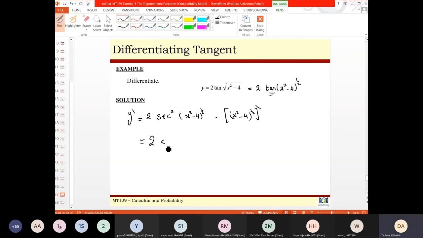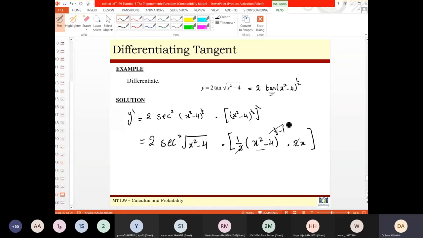This equal to 2 sec squared. I can write it as a root now. X squared minus 4. And what's the derivative of this? Now it's a bracket. The derivative is half of x squared minus 4 to the power half minus 1. Multiply with the derivative of what inside? اللي هو 2x. صح كده؟ Now the 2 cancel this 2.